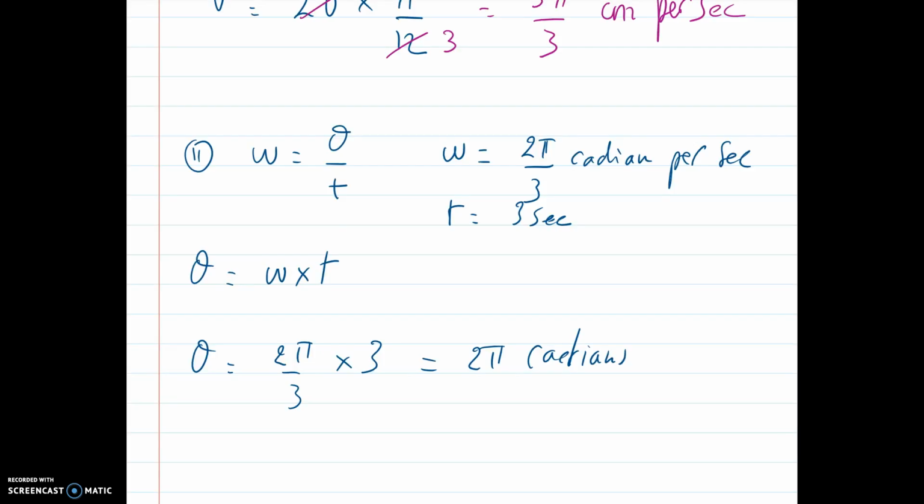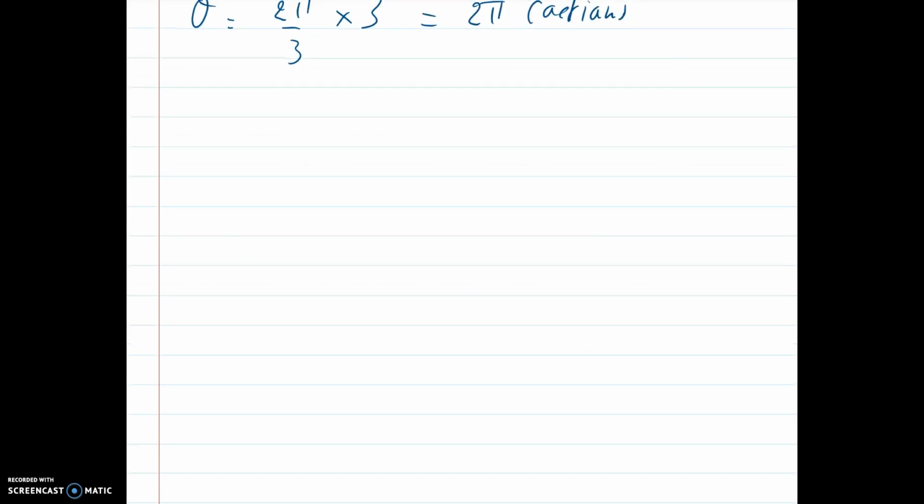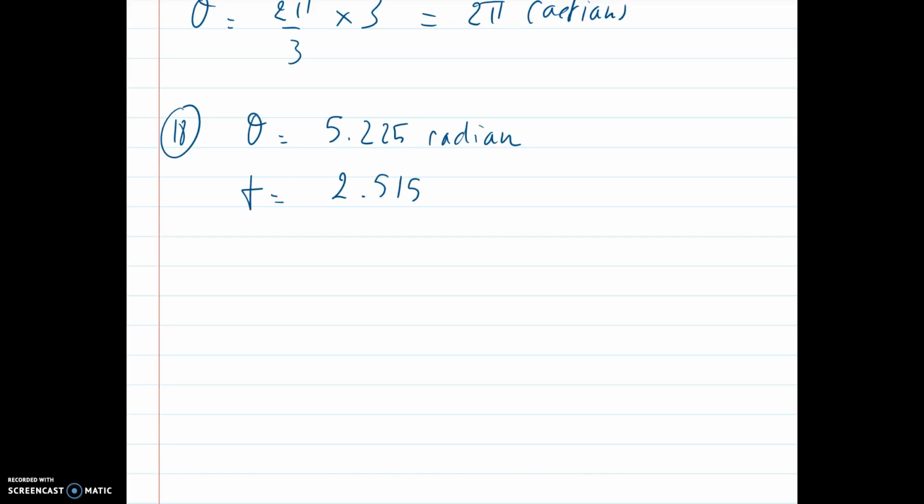Now, problem number 18. They are giving you theta equal 5.225 radian and t equal 2.515 seconds. The task is to find omega, which is theta divided by t.